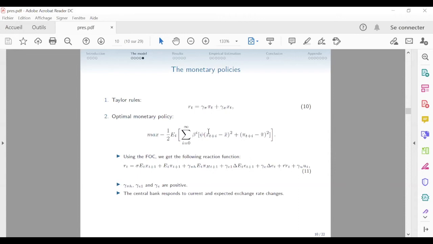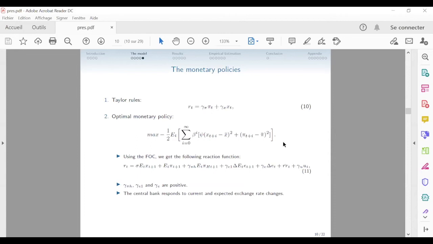The alternative monetary policy is an optimal monetary policy in which the central bank minimizes the following loss function. It minimizes the spread between the output gap x t and its target x bar, and the spread between p t and its target p bar. Psi represents the weight that the central bank grants to the output gap.